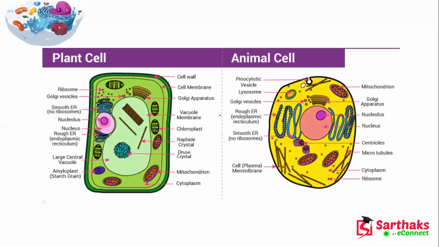Okay, next the plant cell and animal cell. Here you can see the difference between plant cell and animal cell. There are many differences; for example, the cell wall we have in the plant cell, we do not have in the animal cell.